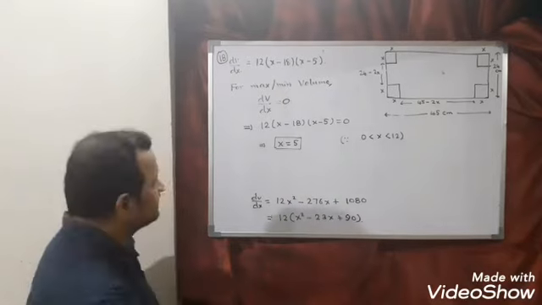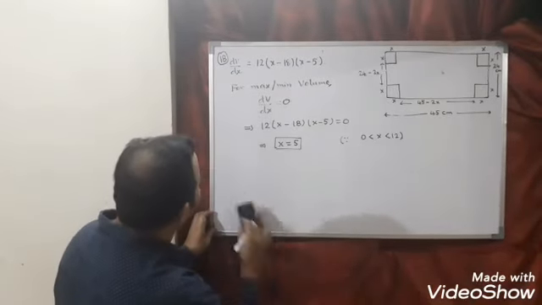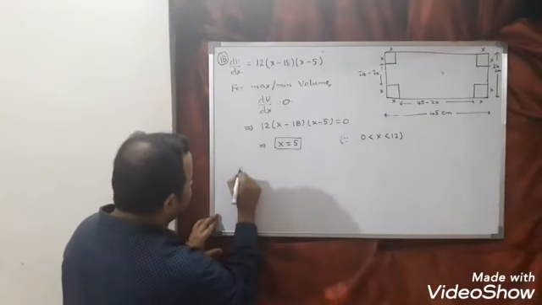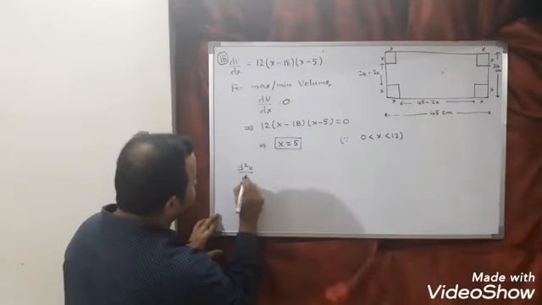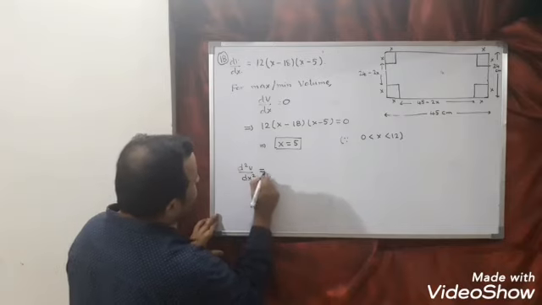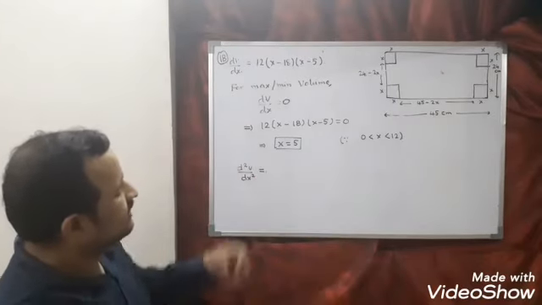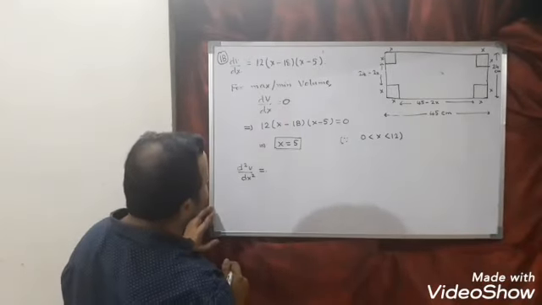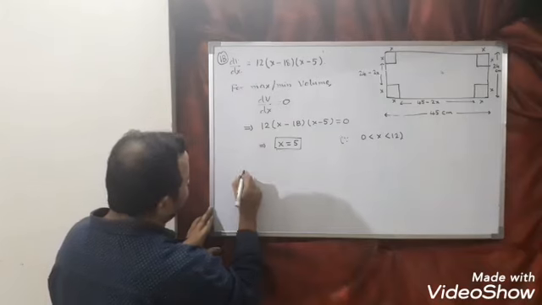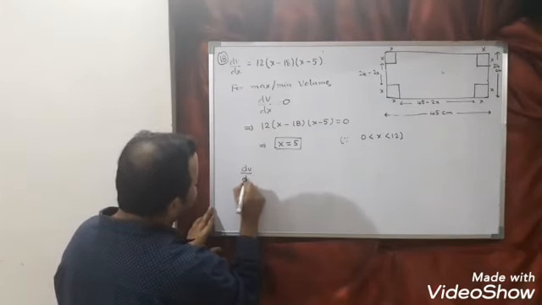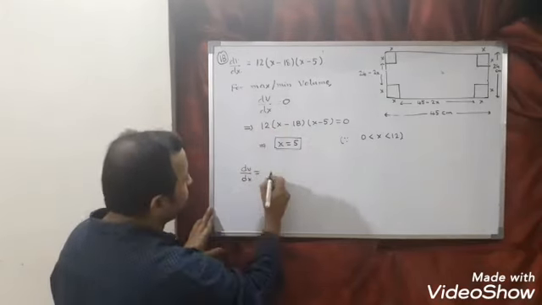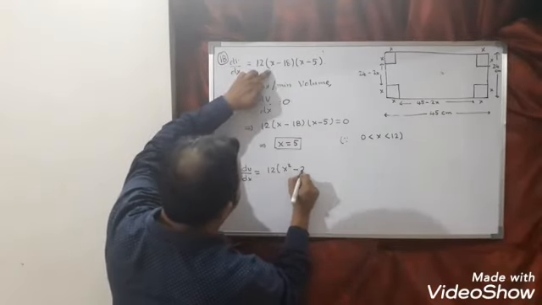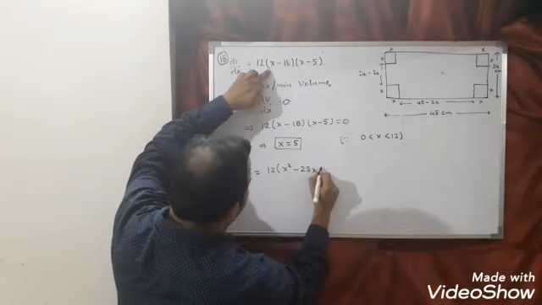What is the next step? We have to find what? Second derivative. So d square V by dx square is equal to, I think what equation we got? Look here, dV by dx is equal to 12 into x square minus 23x plus 90.